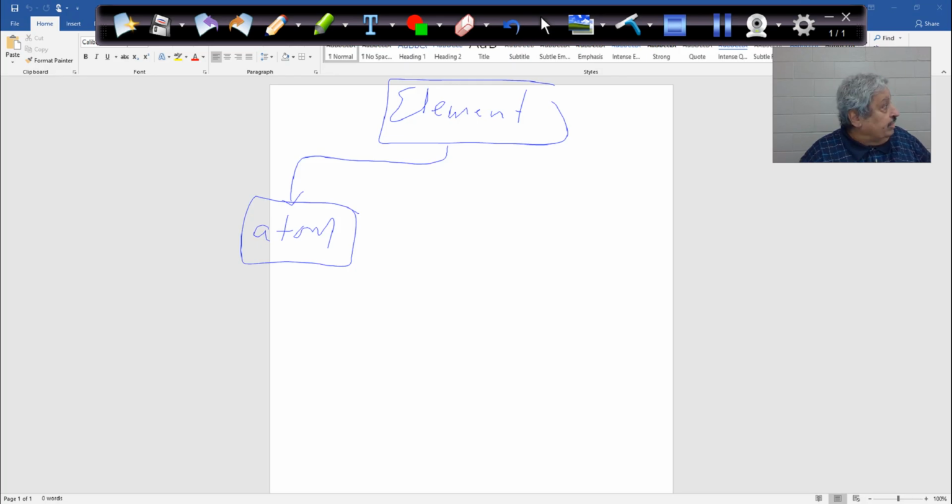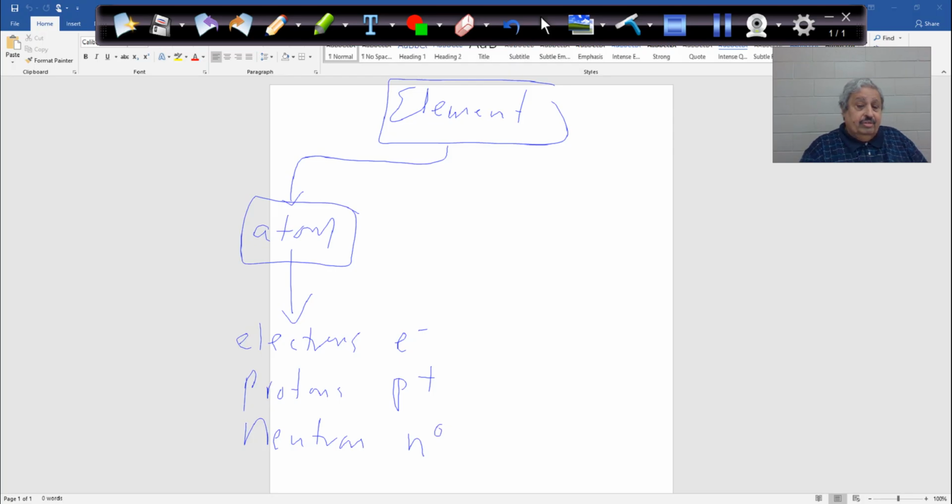It cannot be broken into smaller units by chemical means, but by nuclear means, yes. And these atoms are made of electrons, this is e minus, protons, p plus, and neutrons. I use just the first letter, 0, no charge. So that's the element.